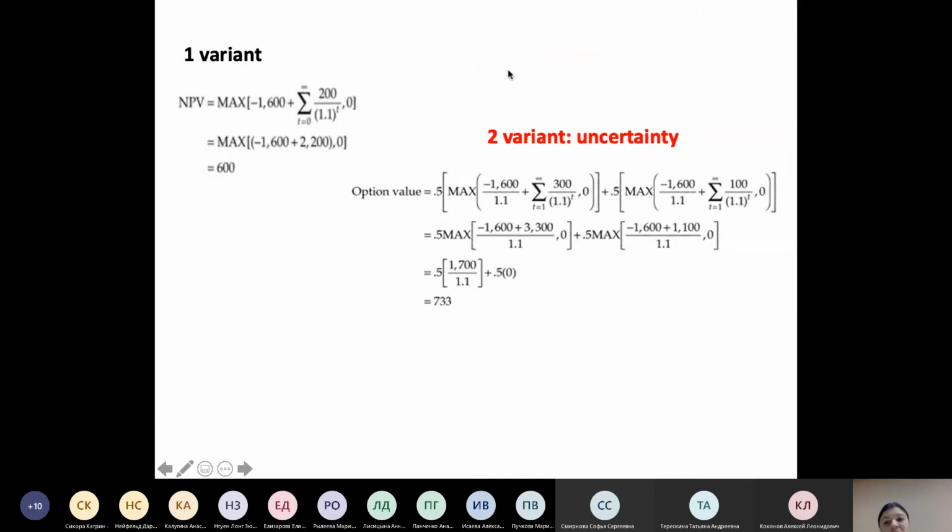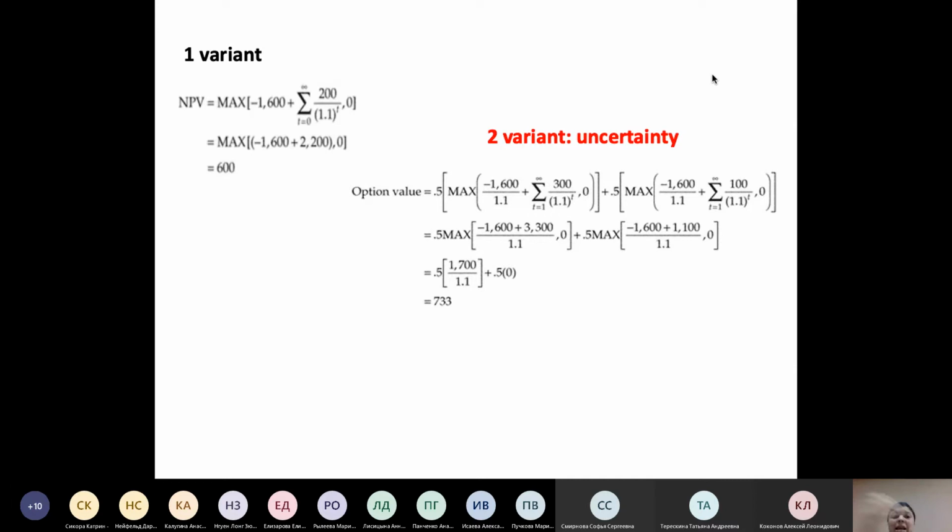The first variant, if we start our investment activities at a spot moment of time, we can start our investment project or we can reject our investment project. And certainly, if we reject our investment project, our net present value will be zero.